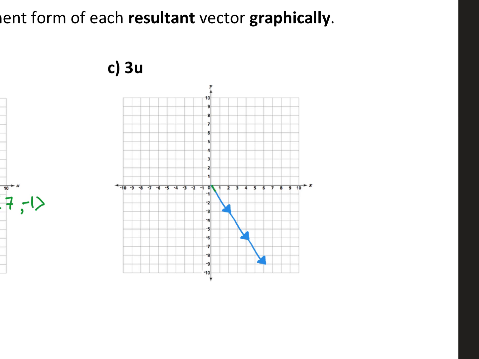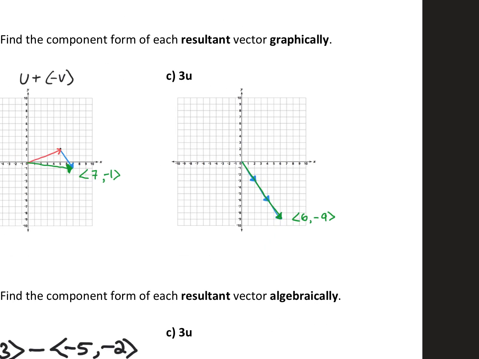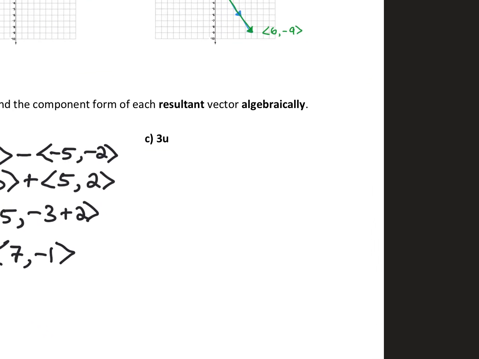So the resultant vector, all right, is going to go right on top of it, and in component form, I am finding this is 6, -9, which makes sense, right? We're just multiplying the x and the y value by 3. So algebraically, that's what's going to happen down here.